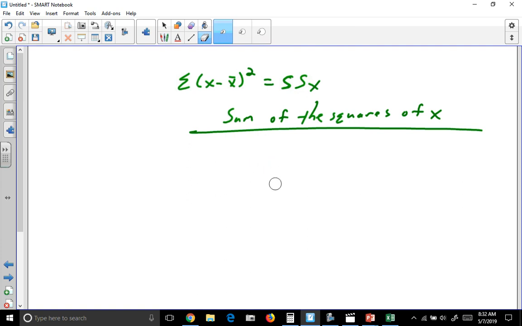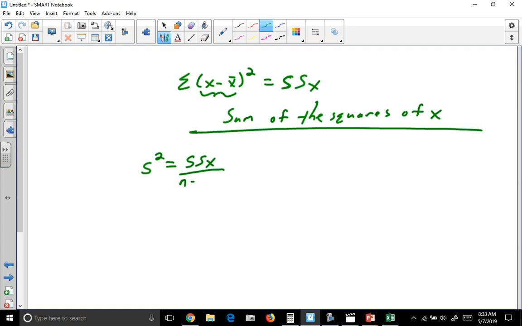But no, when we say the sum of the squares of x, we mean the sum of the square deviations. So our variance, remember, is that. So the sum of the squares of x divided by n minus 1. And then our standard deviation is the square root of that.